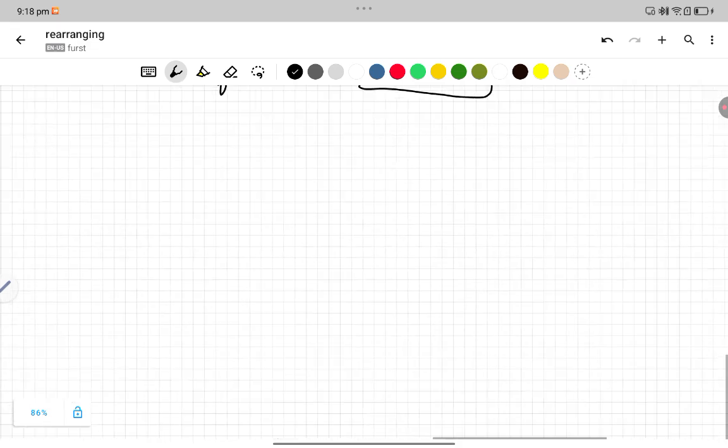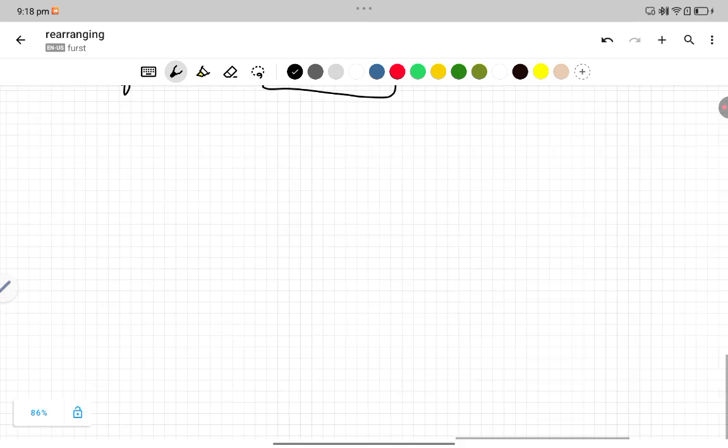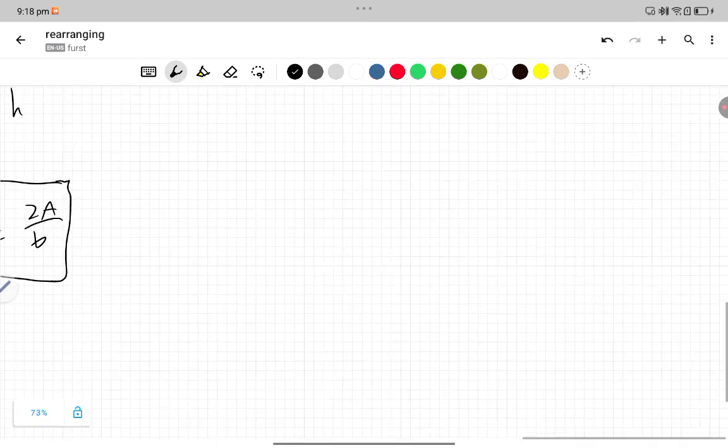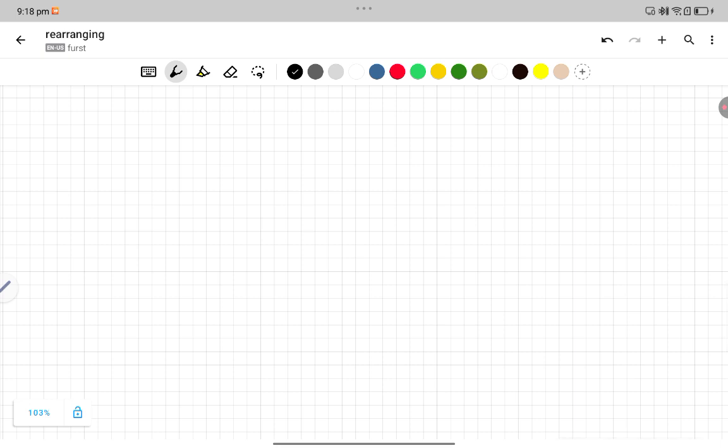Okay, how about another one. Let's say P equals 2L plus 2W over H, and we want to make H the subject. So what's happening to H right now? It's hard to say what's happening to it.